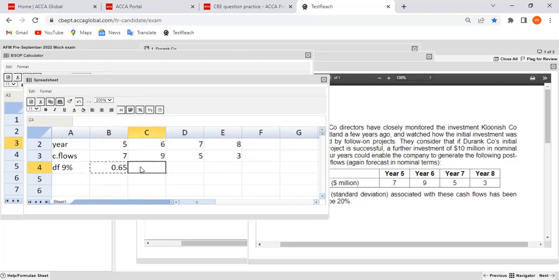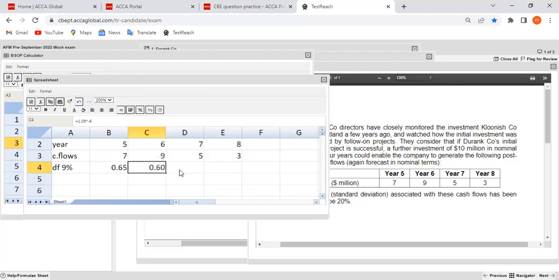Sir, I'm lost here. How did you find the 9% discount factor? The 9% we already found in part A of the question, brother. Okay. Now 1.09 raised to the power minus 6, 0.596.